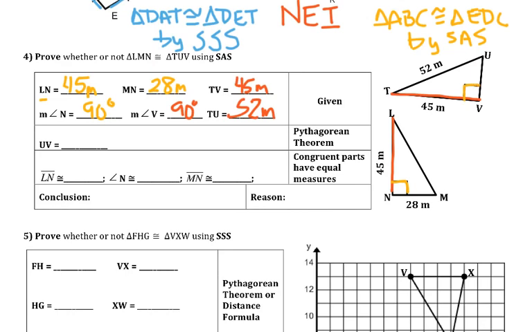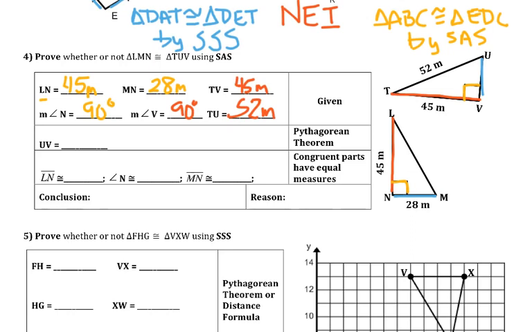So we have side, angle, so we need another side. And we know that NM is 28 meters. So if VU is 28 meters, we can state that by side, angle, side, these triangles are congruent. So we need to use the Pythagorean Theorem and find the length of UV.